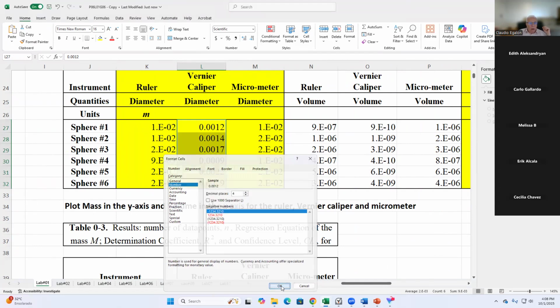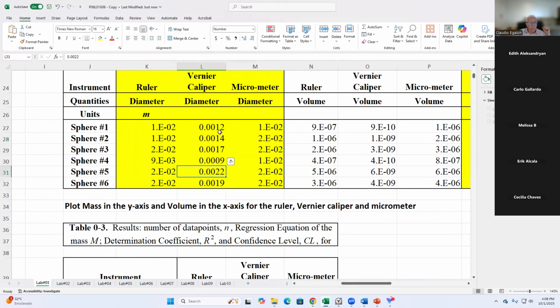It's telling me that the sphere has 1 millimeter in the diameter. Okay, and this one has less than 1 millimeter. So it looks like whoever collected data didn't do a good job with the decimal places here.